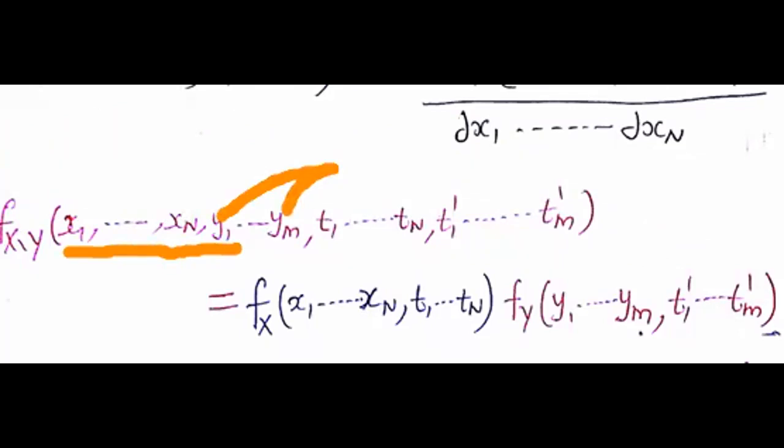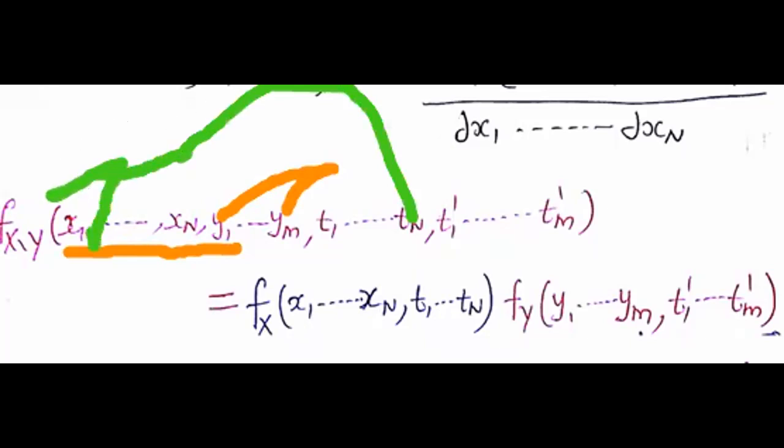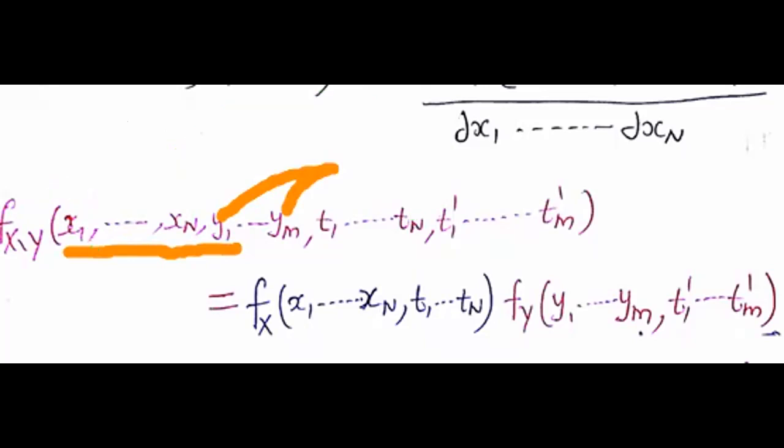In the x's, we are going to consider n for our representation, and for the y's, we are going to consider m. M is the notation for the y's. And all of you observe here, we also have t1 dash, t2 dash, and so on, tm dash, right?